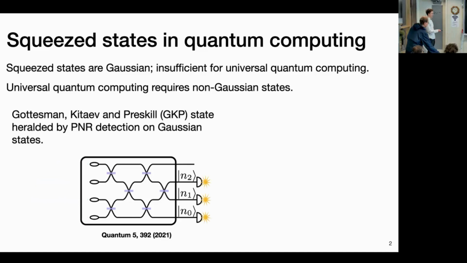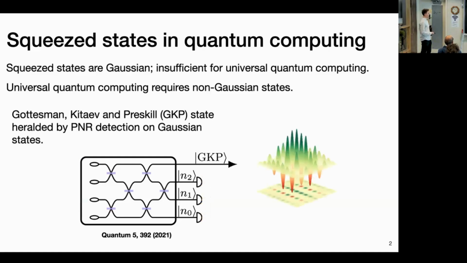And if we measure the number of photons in 3 of those modes, and we get a certain pattern on the photon number detectors, then the result is that the 4th mode collapses into this GKP state, which is non-Gaussian. And this is actually being used in photonic quantum computing.